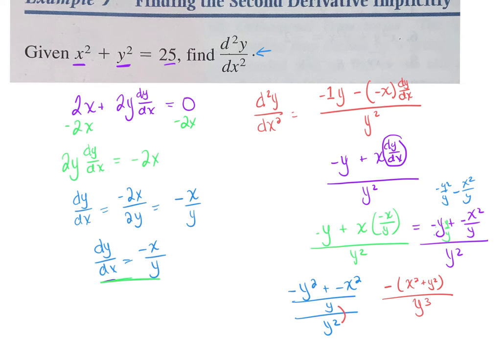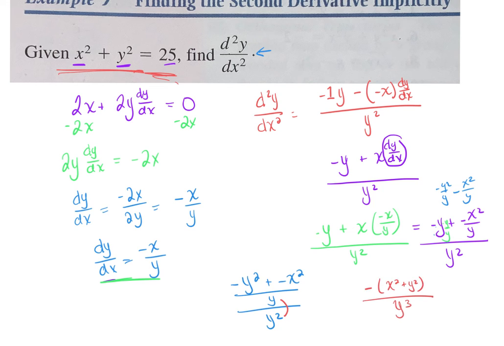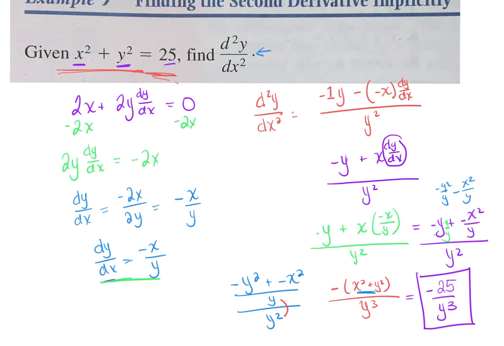What's x squared plus y squared? I would have never got that. All right, so 25. I can replace this guy with what? That would be 25. Negative 25 over y cubed is my second derivative.